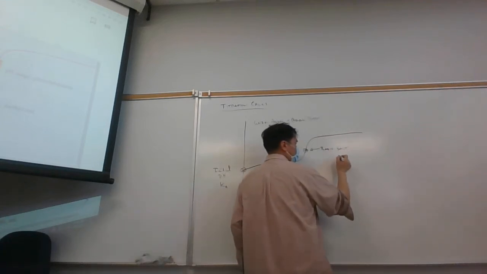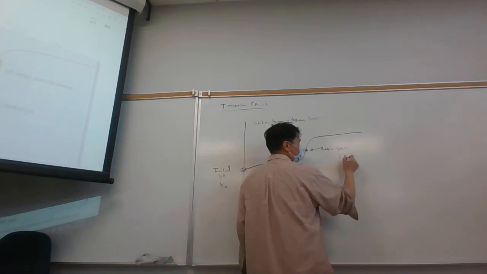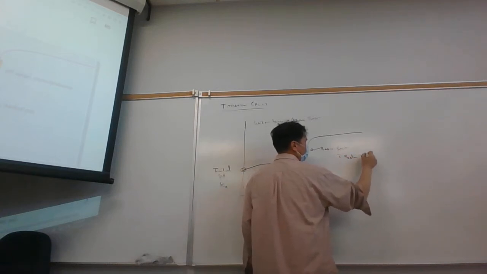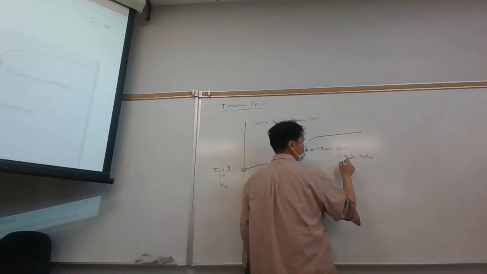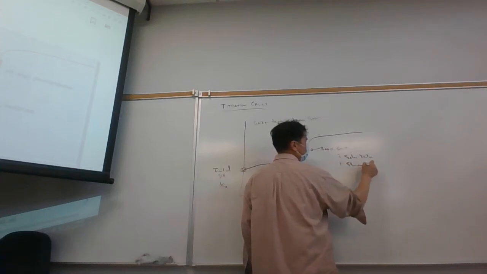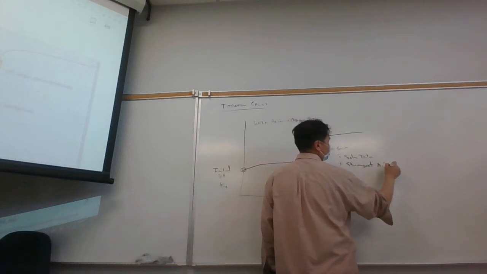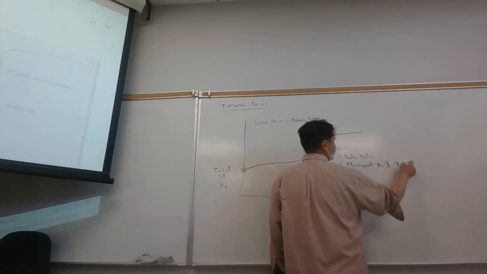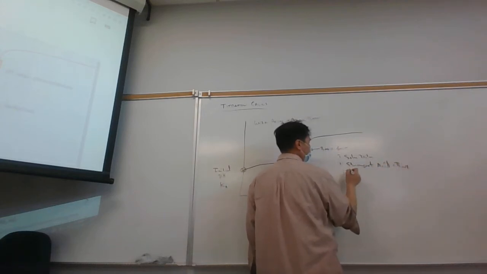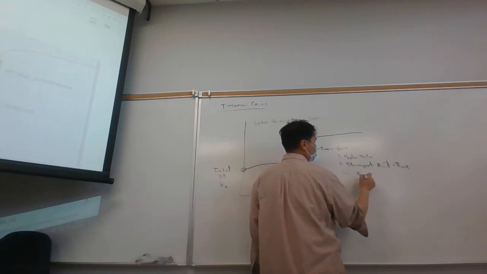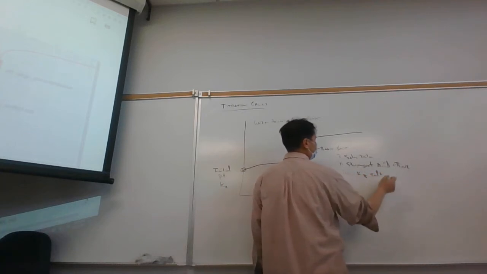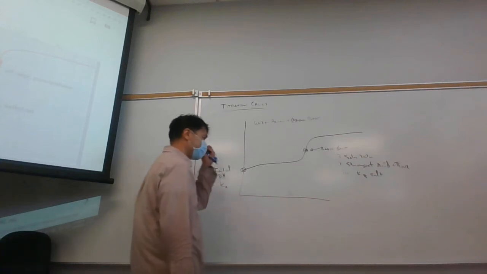And so the steps involved here are 1, solution dilution; 2, strongest acid plus strongest base; and then 3, Kb for the salt. And that should give us the pH.